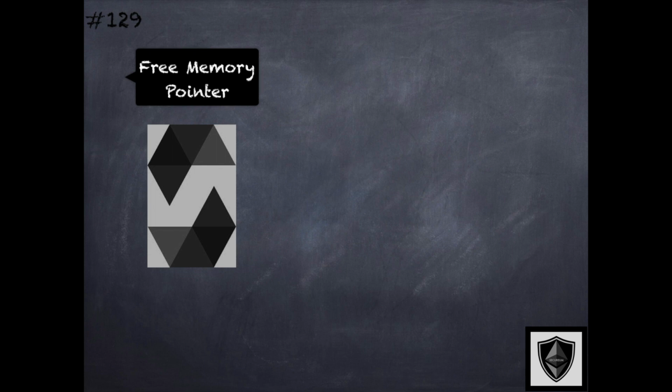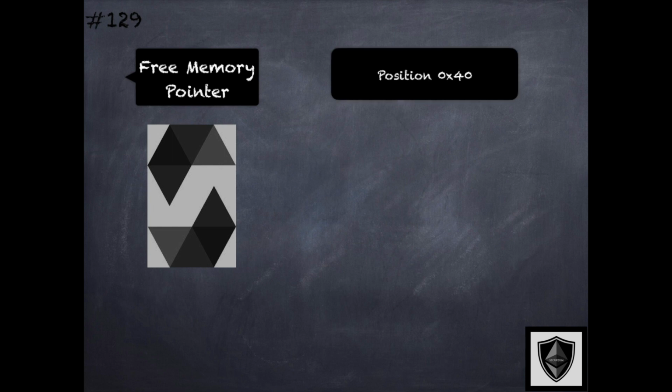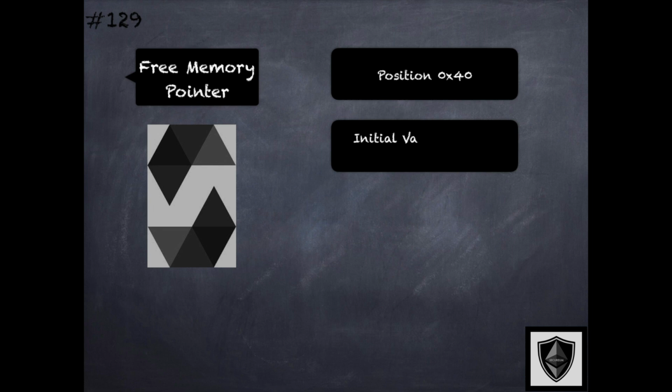Let's revisit the concept of the free memory pointer in Solidity. This pointer is maintained at position hex 40, because the first two 32-byte slots are reserved for the hash function scratch space, as we just talked about. The initial value in the free memory pointer is hex 80, just beyond the reserved slots.